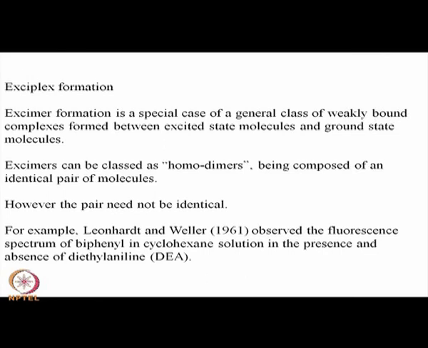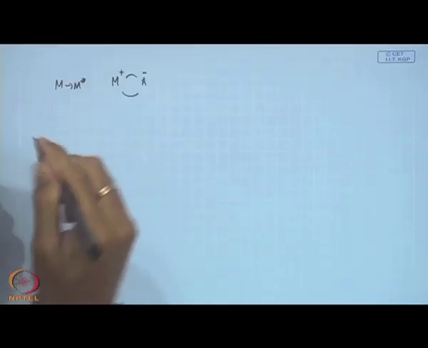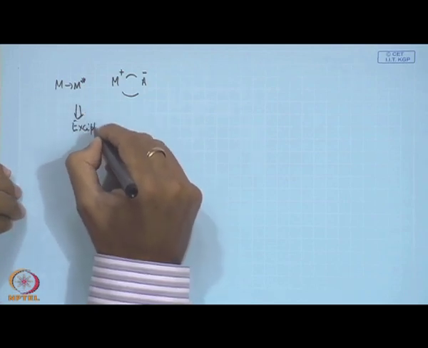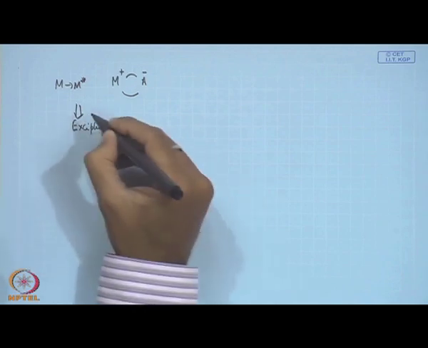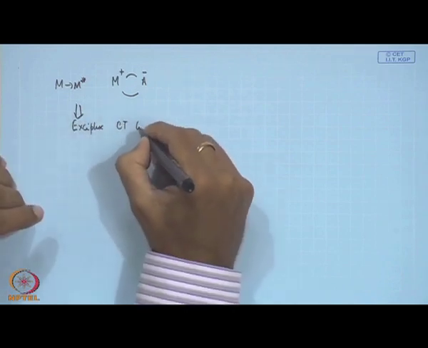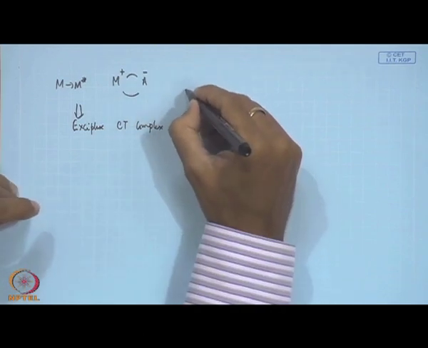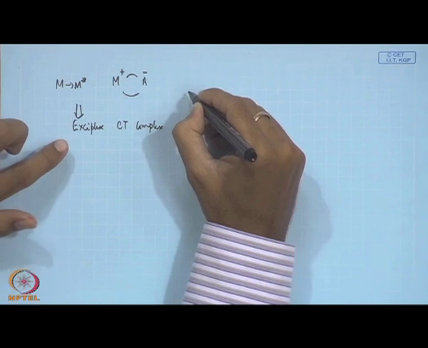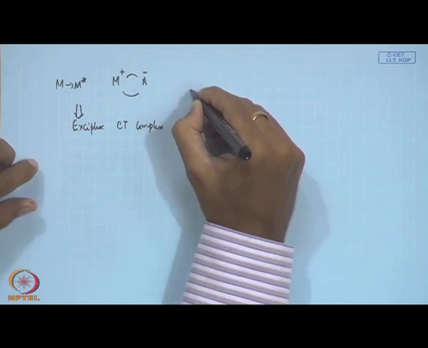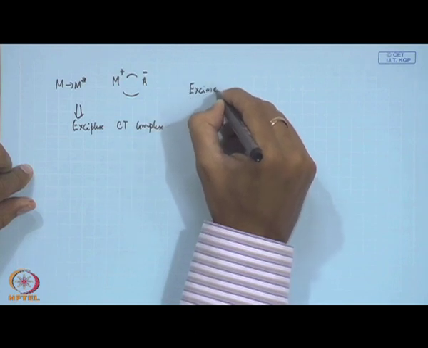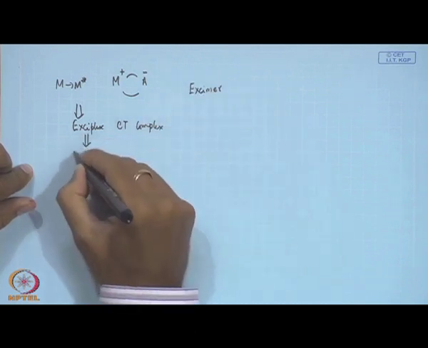When one monomer and another species interact, you can get an exciplex. It is generally a charge transfer complex, although in the case of a homodimer it is called an excimer.